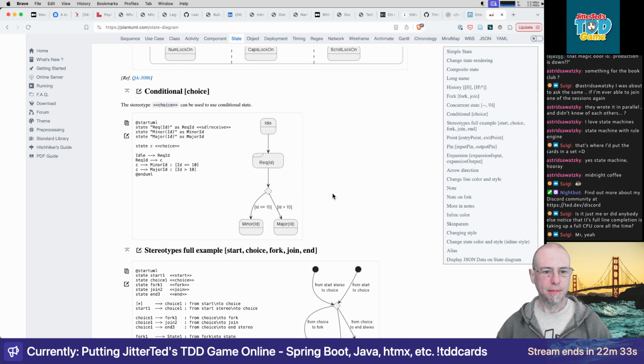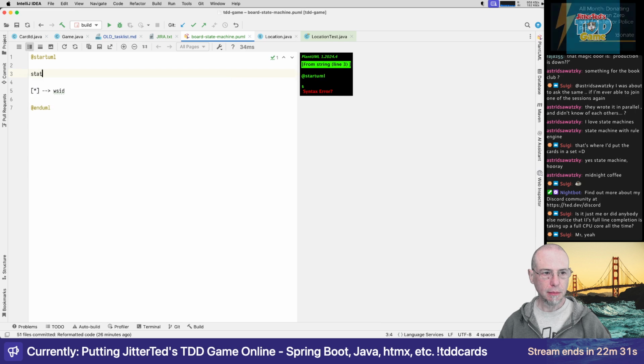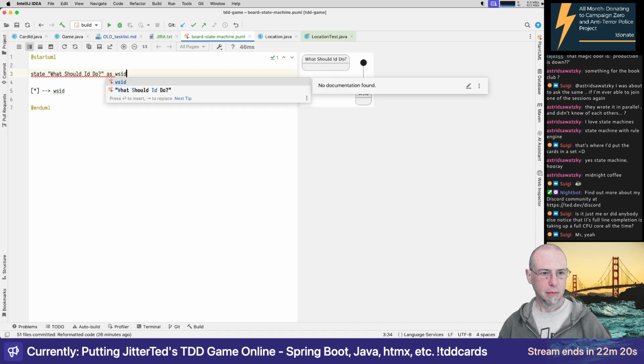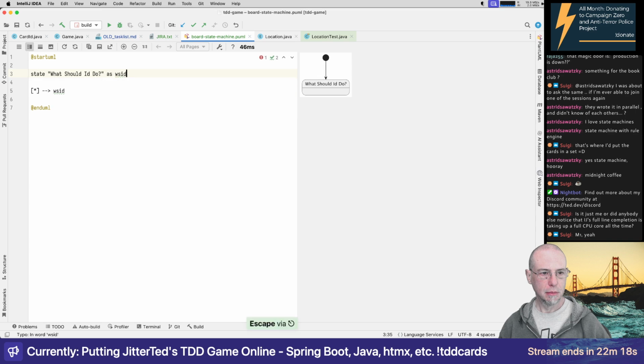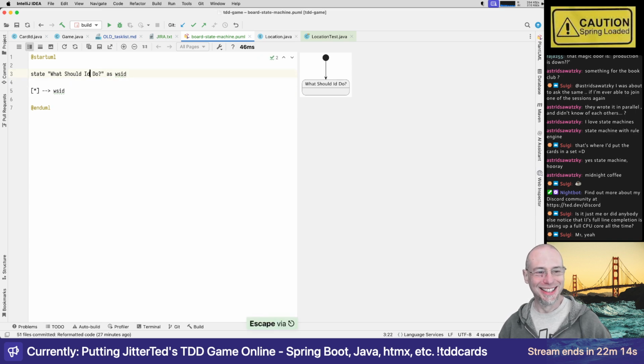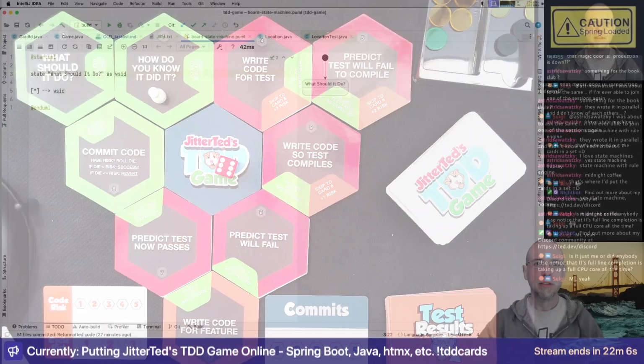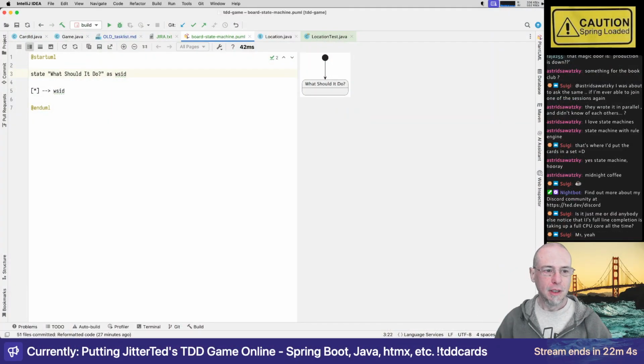That's what I want to do. What should it do? So that's basically this tile, the first tile. So that's what it should do.